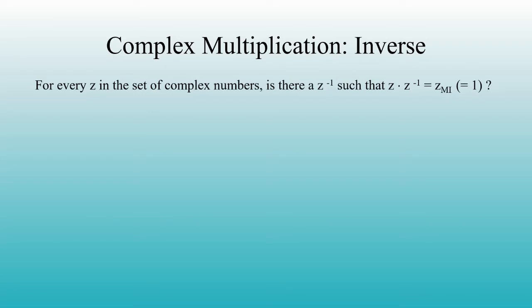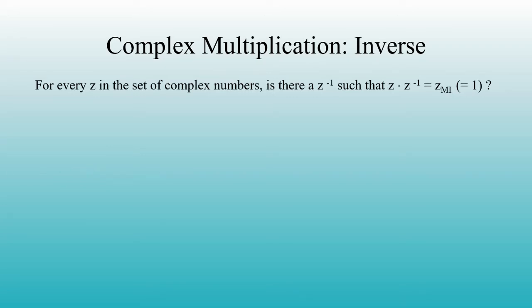Time for the inverse. This time the question is, for every z in the set of complex numbers, is there also an inverse of z, let's call it z to the minus 1, such that z times z to the minus 1 equals z sub mi, the multiplicative identity? This one's a bit trickier.